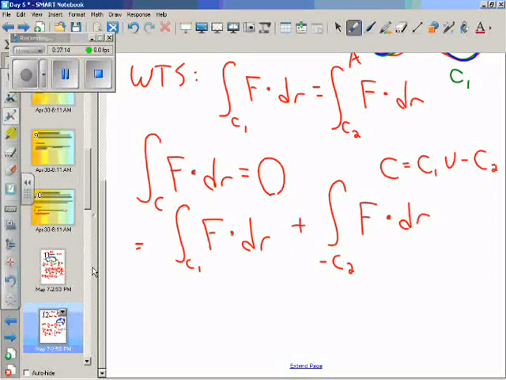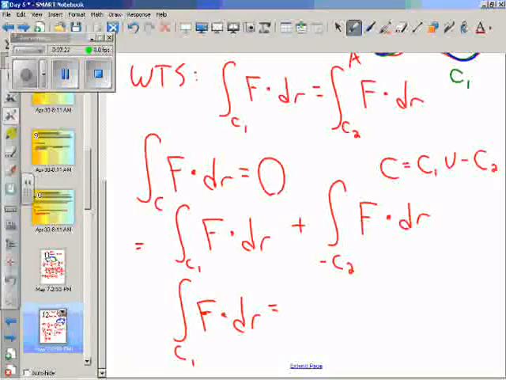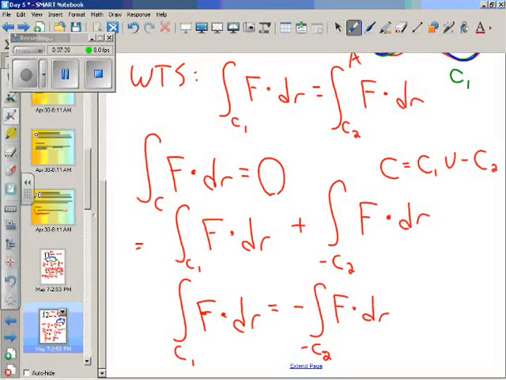And so being it's equal to 0, we can see that the integral along C1 of f dr equals negative the integral along negative C2 of f dr. And so if we change that orientation, if we go along positive C2, then we're going to get the opposite of that integral.